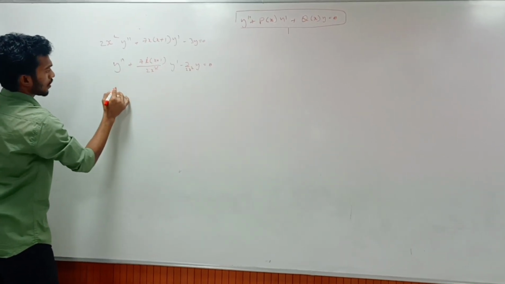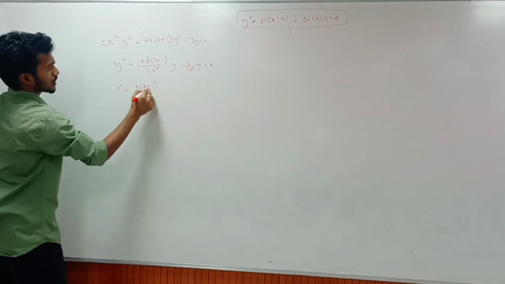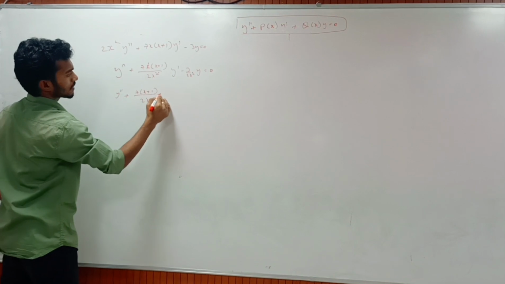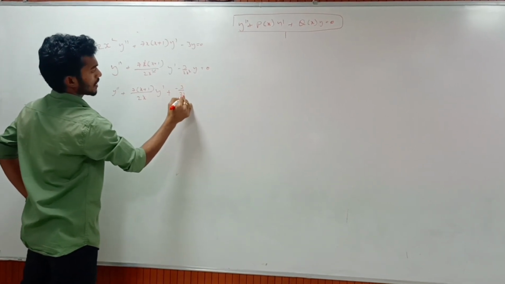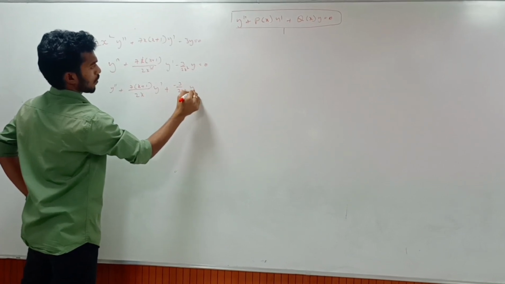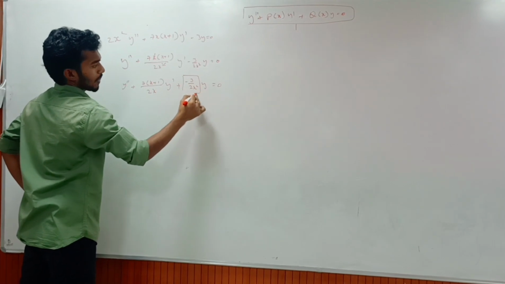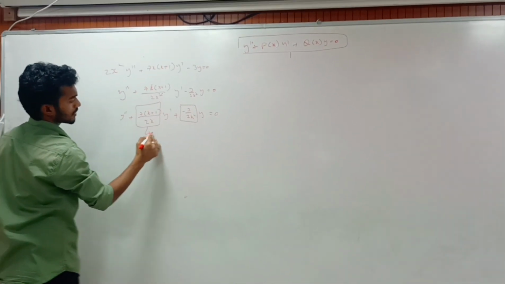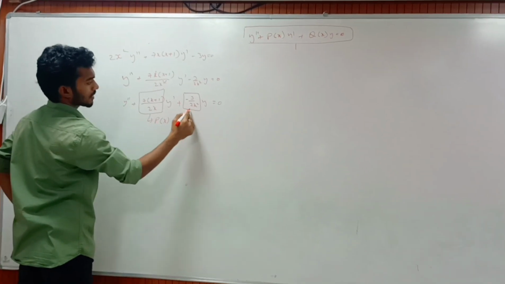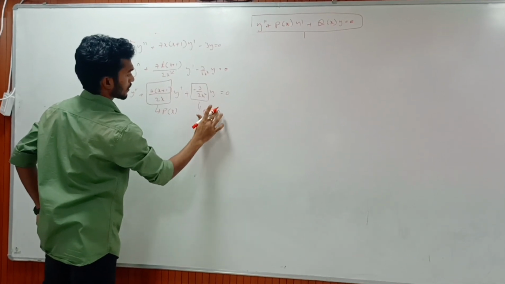So what we get is y double dash plus 7 into (x plus 1) by 2x y dash plus minus 3 by 2x square y equal to 0. Plus into minus becomes minus. So this is p of x and this is q of x.